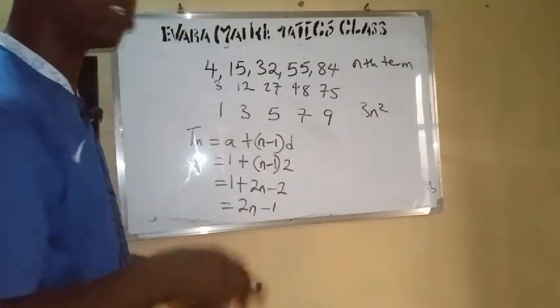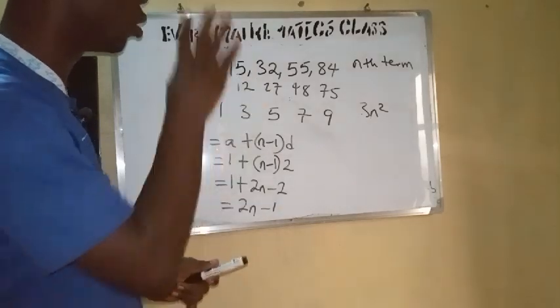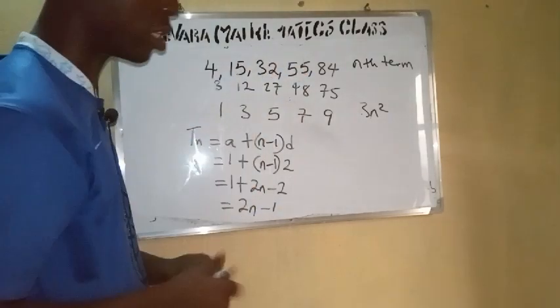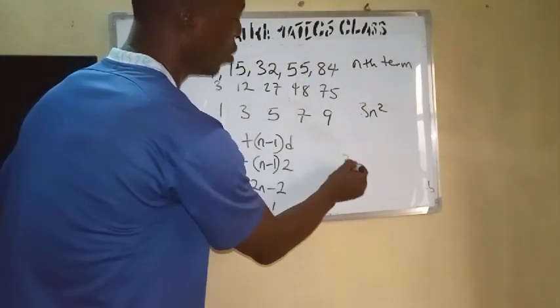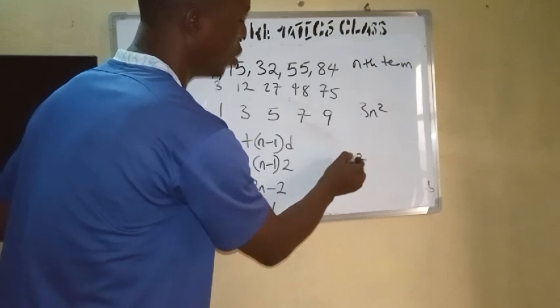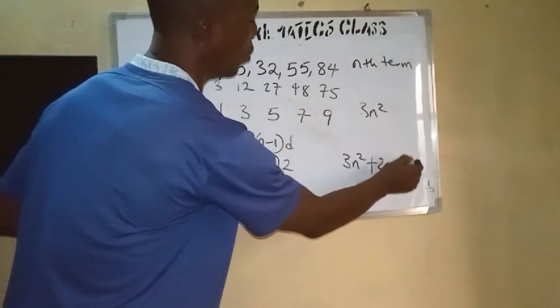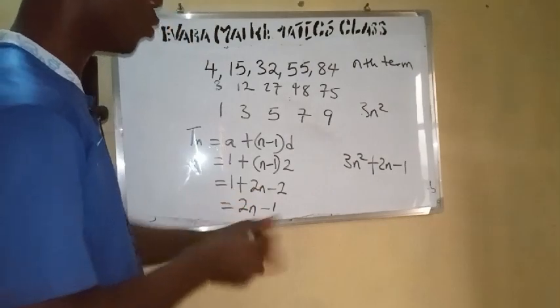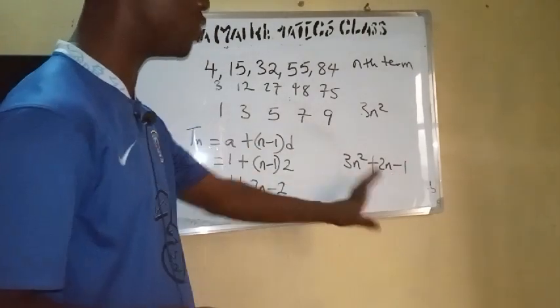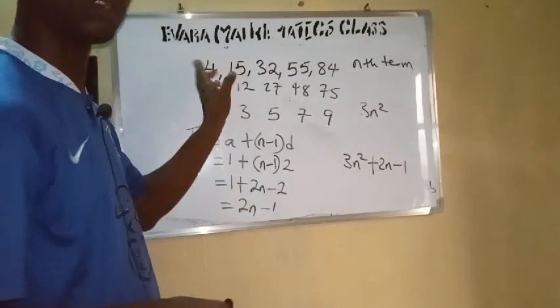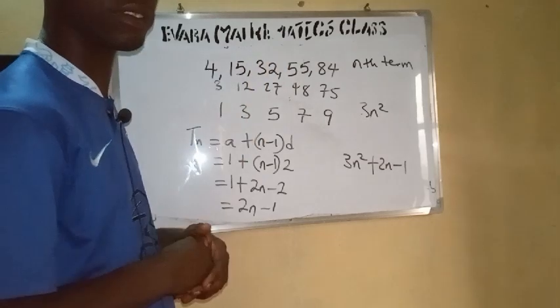So the nth term for the original question will be 3n squared plus 2n minus 1. So 3n squared plus 2n minus 1 is the nth term for this given sequence.